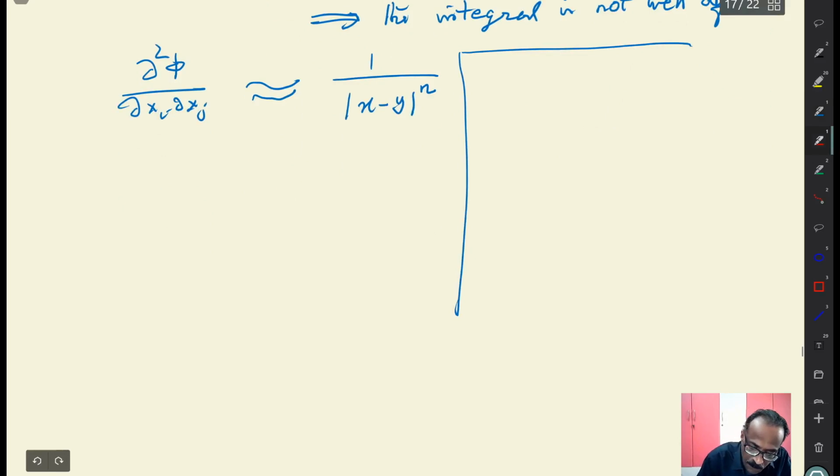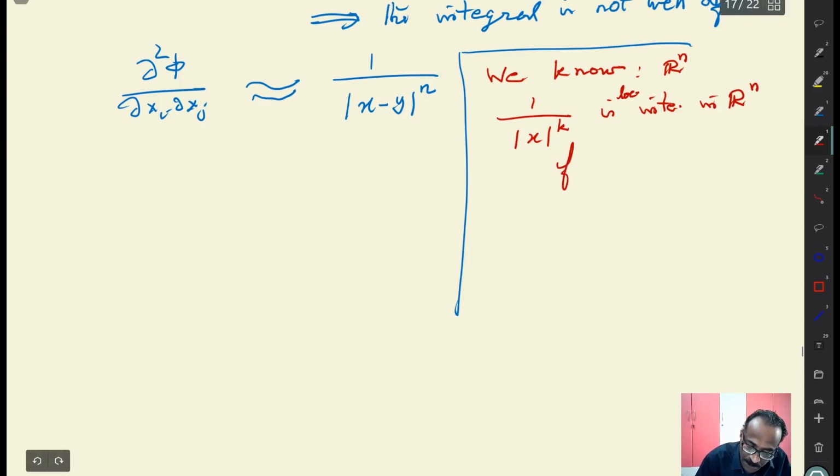Here we know, in Rn, let me take the singularity at the origin, 1 by mod x power k is locally integrable if and only if k is strictly less than n.